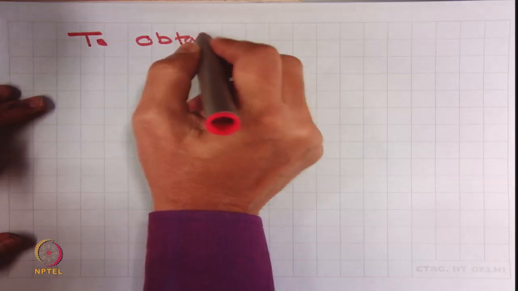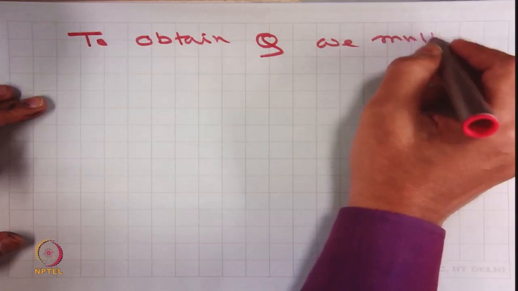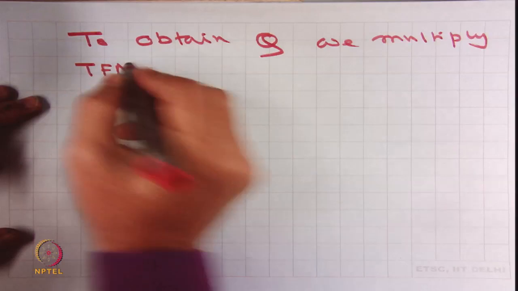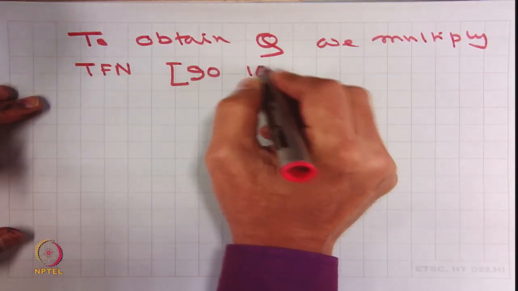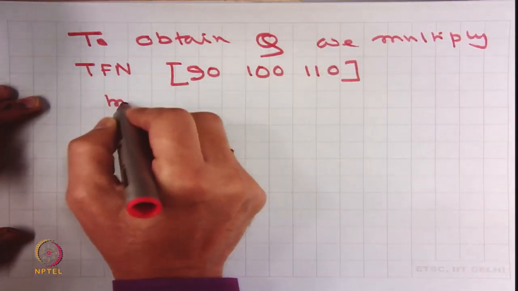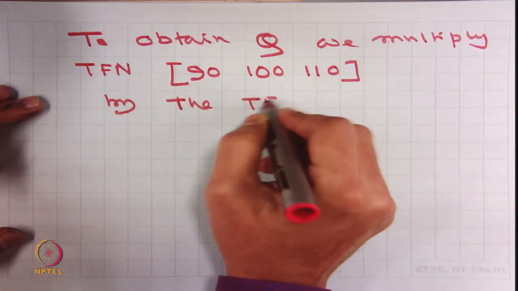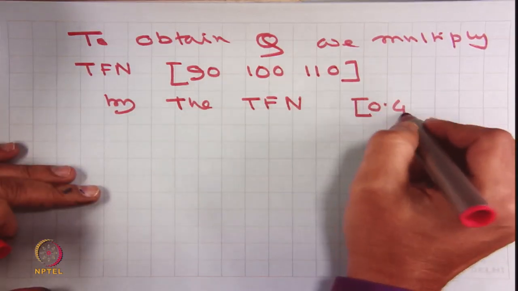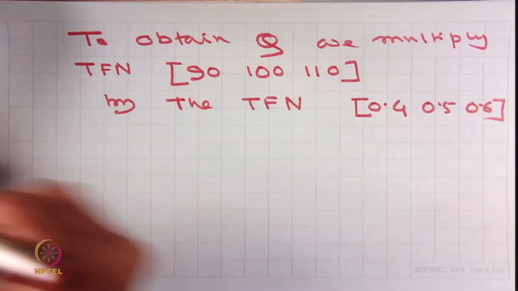To obtain Q, we multiply the TFN 90, 100 and 110 by the TFN 0.4, 0.5 and 0.6.